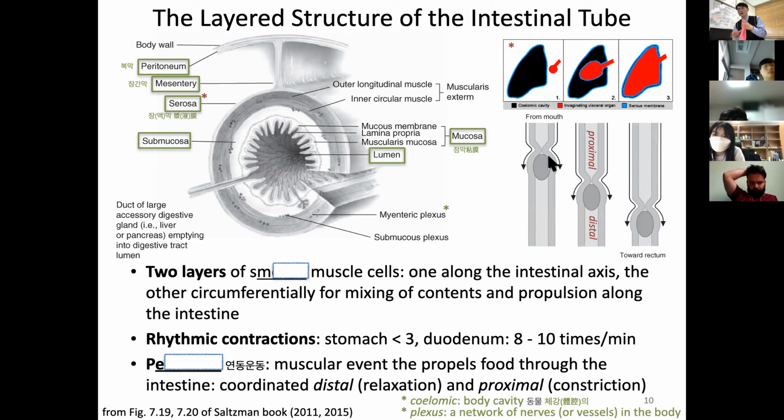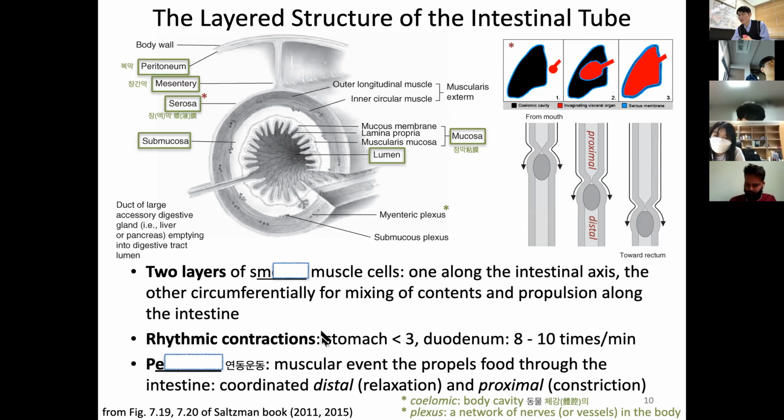It's very easy. You constrict one part, push, and release the other part so that it moves down. Here I have to define proximal and distal. Inside our body, toward the body is called proximal, but in the gut, the direction toward the anus, that's outside, is called distal. That's how we define our orientation, proximal to distal.